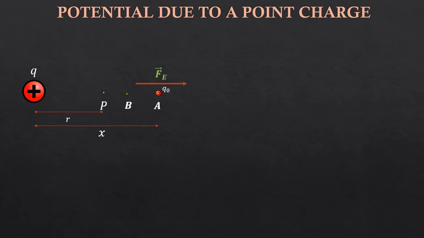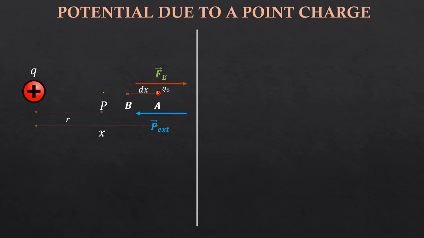Now we are going to move the charge from A to B by applying an external force, or we will move the charge by a distance dx with the help of an external force F external. For this, the work done dW will be F dot dx.